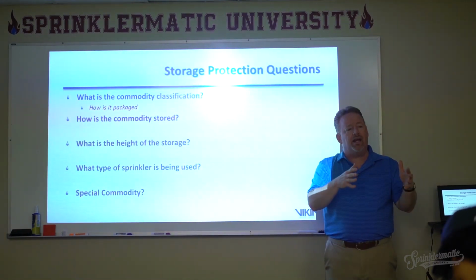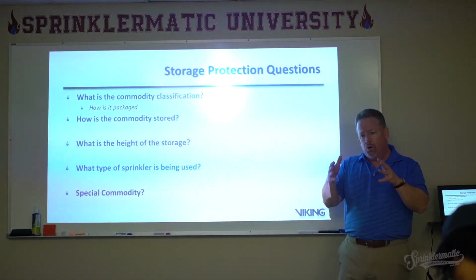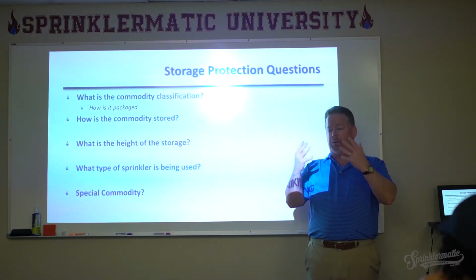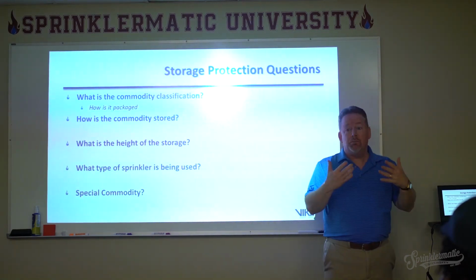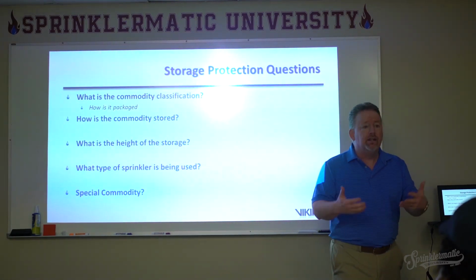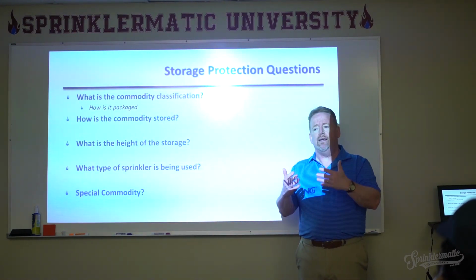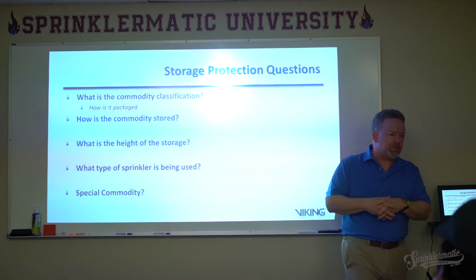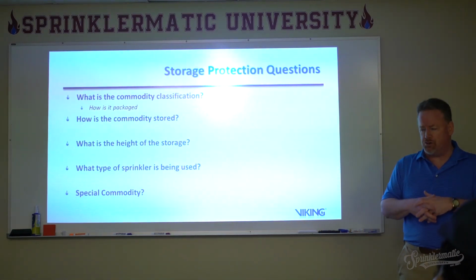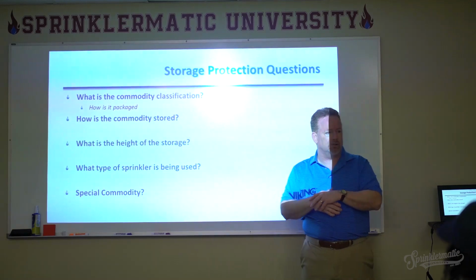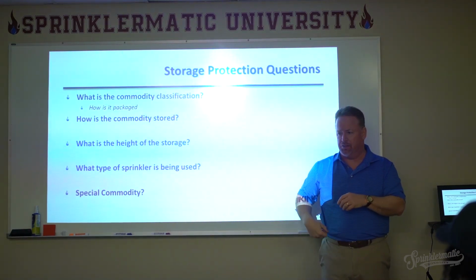So we had a way of describing what the fuel package was in that room. And remember, we talked about how much water it is going to take to control a fire in those occupancies? Well, it's similar for storage as well. What is the commodity classification? We'll talk a little bit about commodity classifications in a moment.